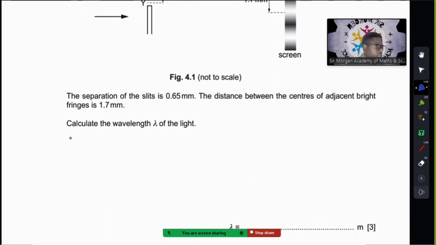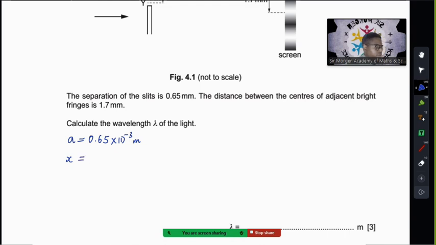All right, so first of all we have a. Remember, a is the slit separation, which is 0.65 times 10 to the power minus 3 meters. It's good to change this using prefixes. And then we have adjacent fringes separated by a distance of 1.7.